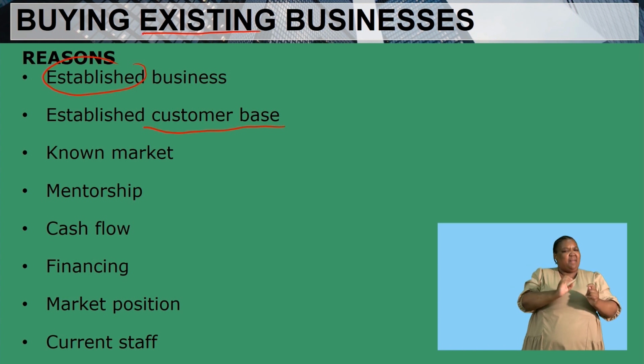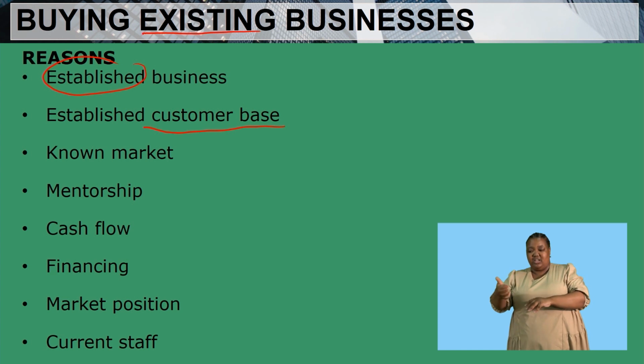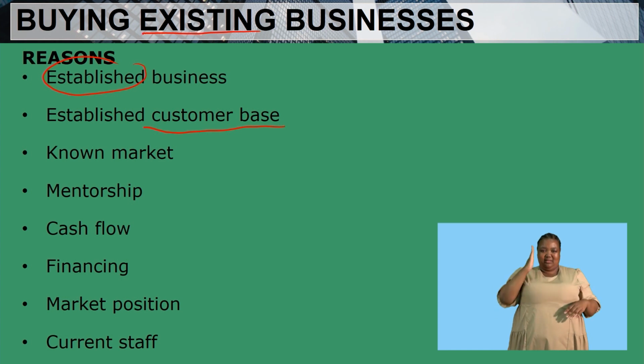So if people know that there is Patience Trading, and then another Patience Trading is started in a different province, it will not take them time to come and buy because they already know about Patience Trading. Also, it is very easy to know the market that is buying the product because the business is already there.